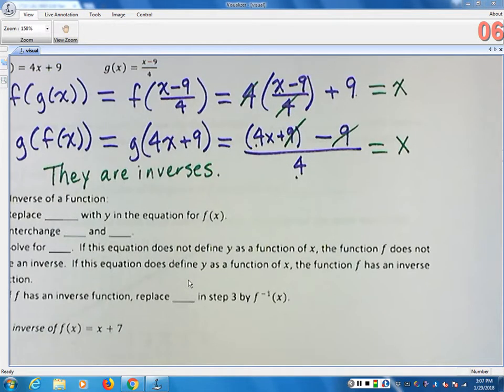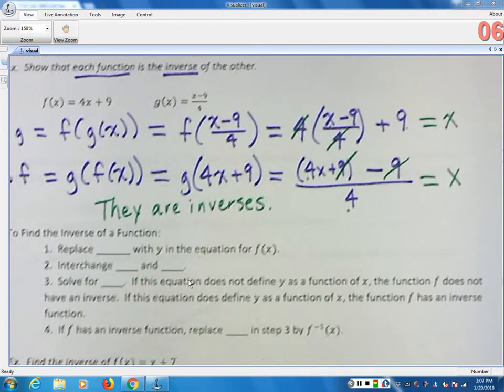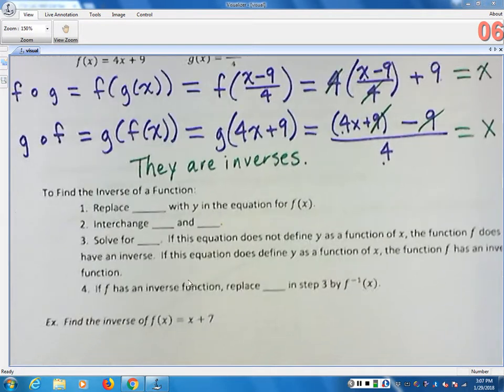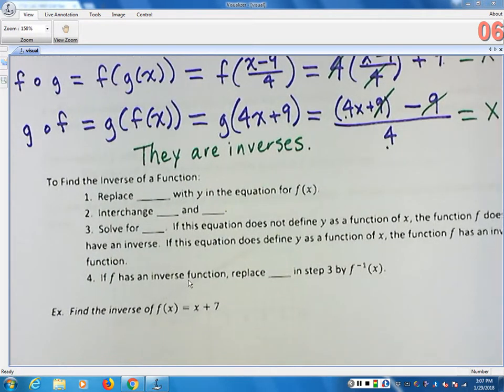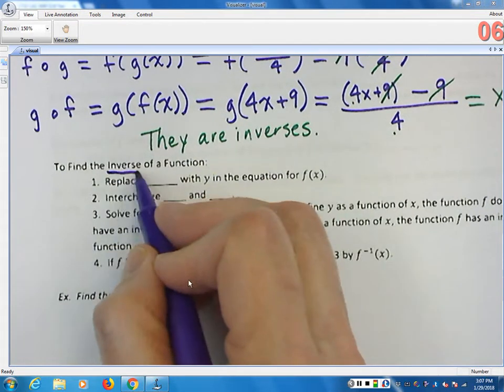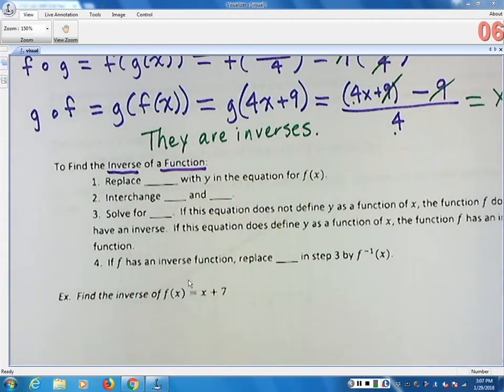All right, so if you want to be able to find the inverse of a function, here are the steps you can do, and it's not too hard. To find the inverse of a function, and an inverse has to be a function too, so if the inverse ends up not being a function, we say that it doesn't have an inverse.